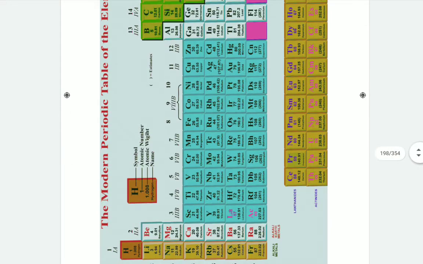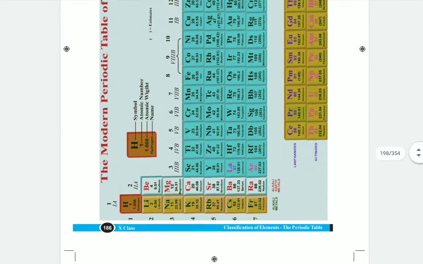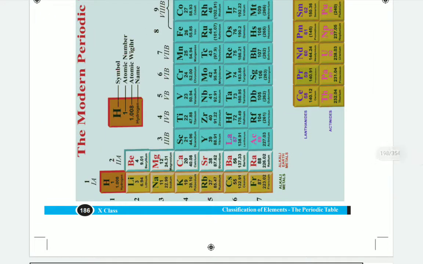On the screen you can see 7 horizontal rows. These 7 horizontal rows are called periods, and they are represented by Arabic numerals from 1 to 7.